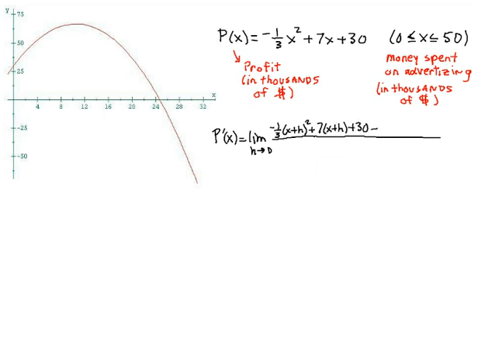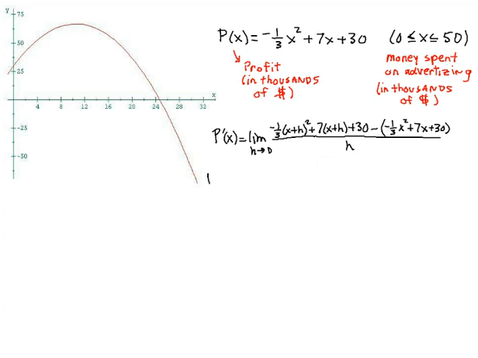Then according to the formula, I'm supposed to subtract the function. This has 3 terms to it, so make sure that you get parentheses around there, or make sure you subtract each term. If you want to subtract the whole function and it has 3 terms, you need to subtract each term.